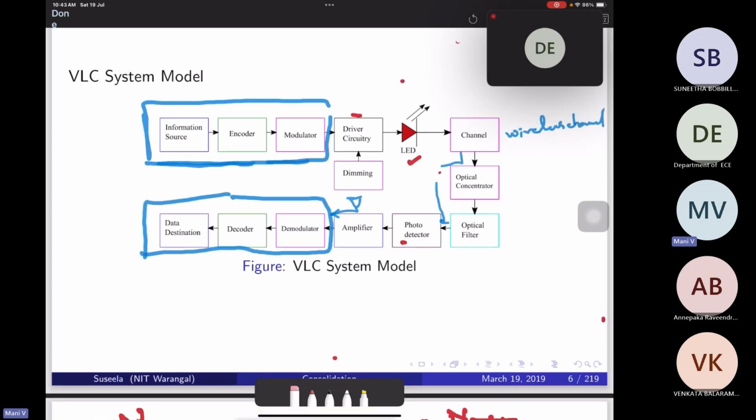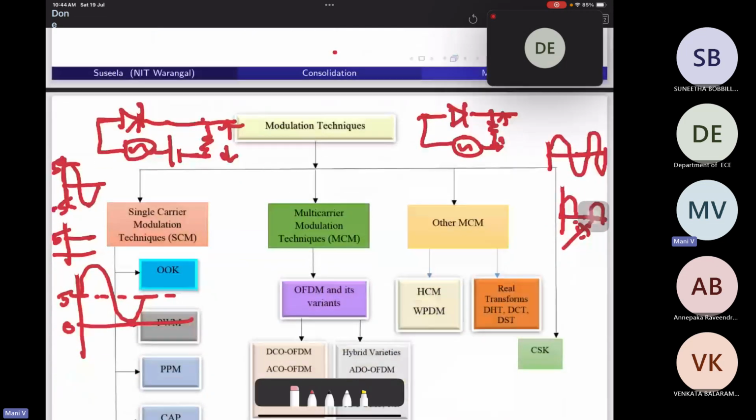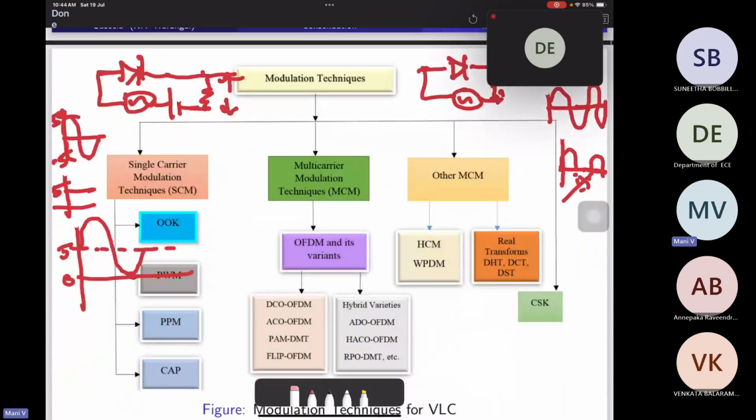Then the receiver is a photodetector. We have used an amplifier, a demodulator, a decoder and data distribution. So the left-hand portion is the same as your communication system. Only the right-hand portion is changed to driver circuitry, LED and a dimming circuit, photodetector and amplifier. With this system model, now we can go for different modulation techniques.